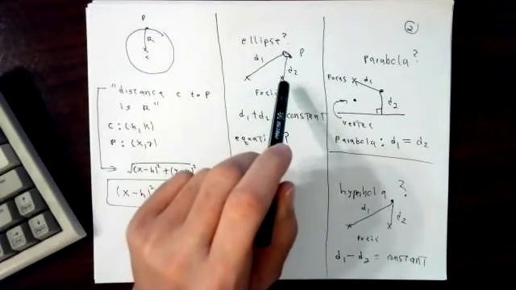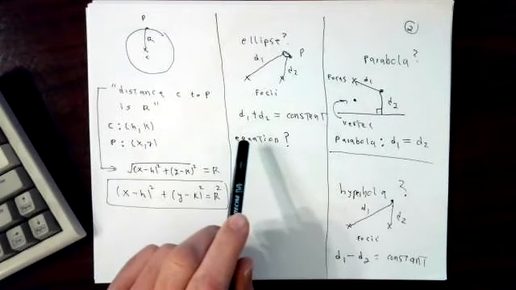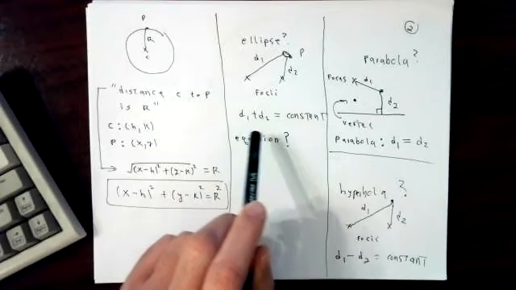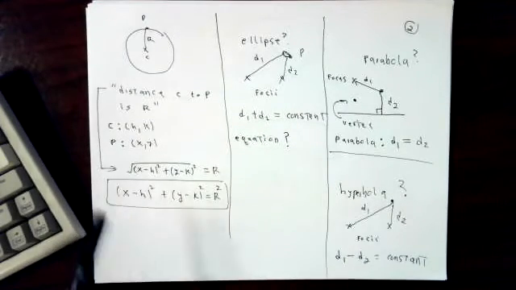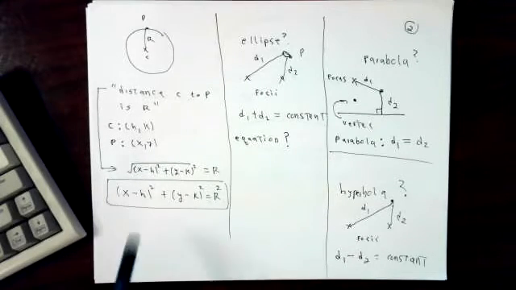Measure the distance from the other focus to P, call that D2, and we want the sum of these two distances to be a constant number. So the equation that we're going to get for the ellipse is going to be D1 plus D2 equals constant. If I were to call this distance D1, the equation for the circle just said D1 is a constant.